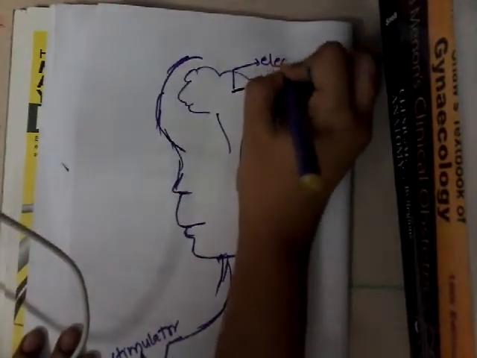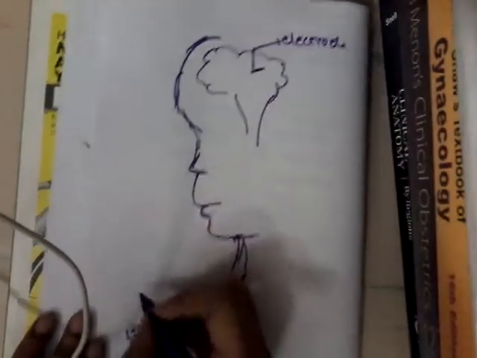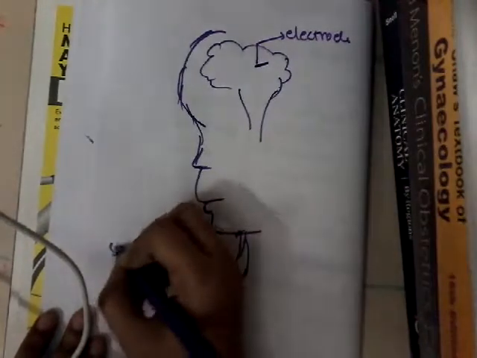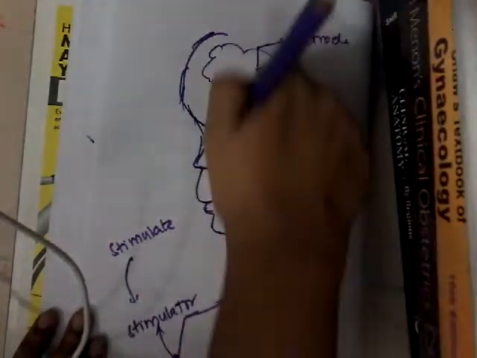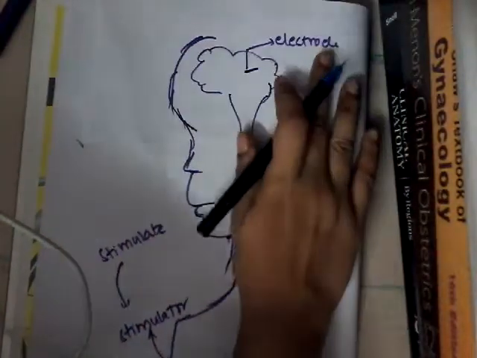Here you keep a stimulator and here you keep an electrode, and you will stimulate here. Once you stimulate here, the impulses pass like this to the electrodes, and here it stimulates the lesion, right?